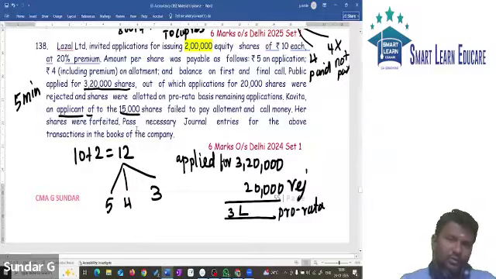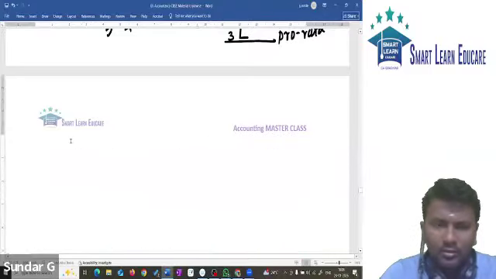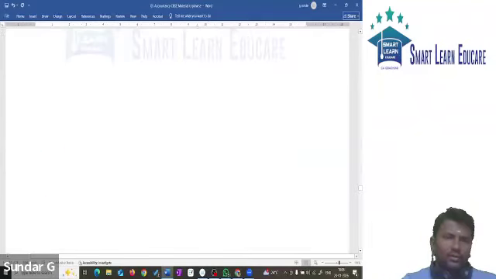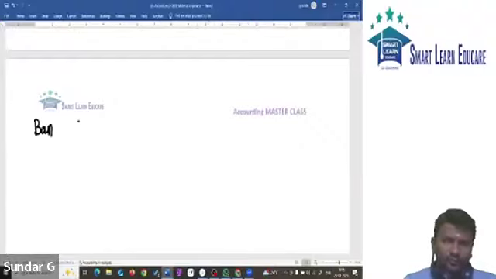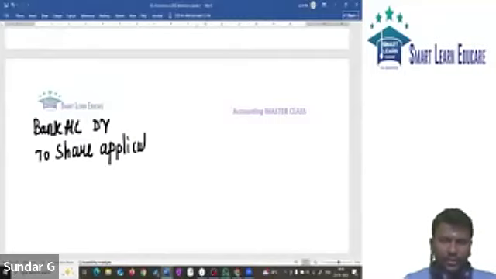So what is the first entry? It is bank account debit to equity share application.